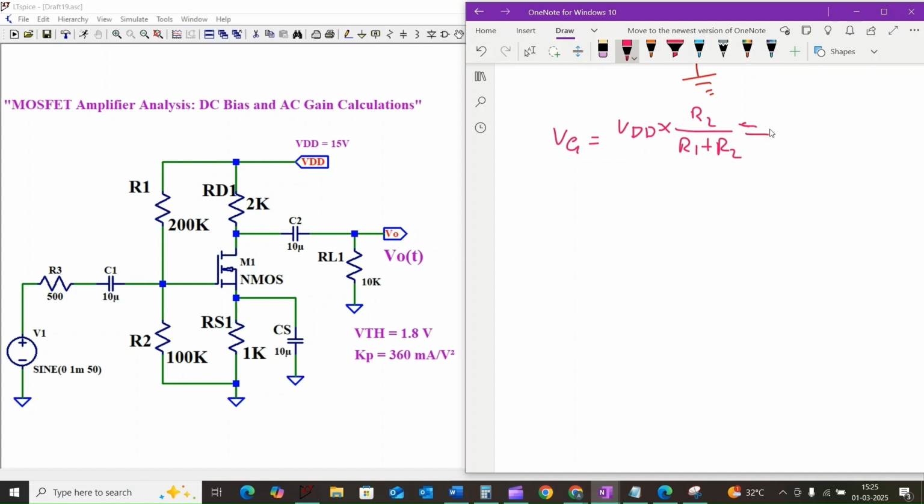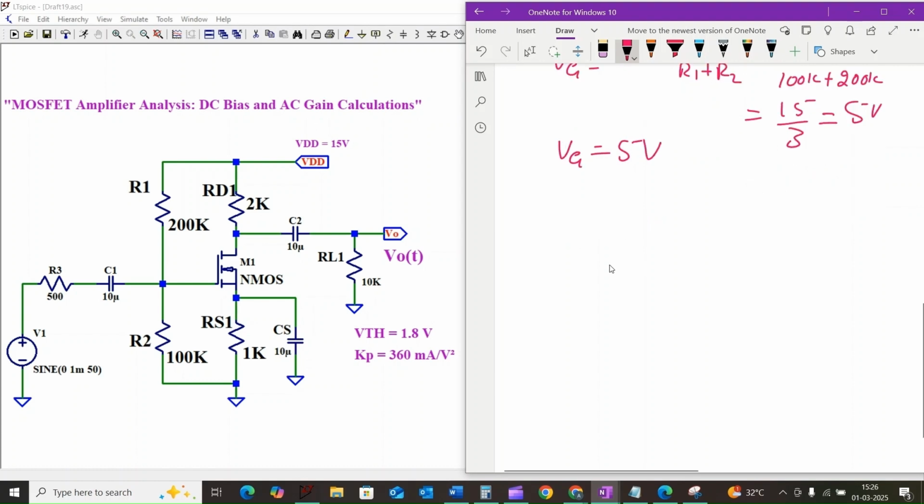If you plug in the values, VDD is 15 volt, R2 is 100 kilo ohm, divided by 100 kilo ohm plus 200 kilo ohm, which is 15 divided by 3, and when we simplify this we get 5 volt. So the gate voltage VG will be 5 volt.